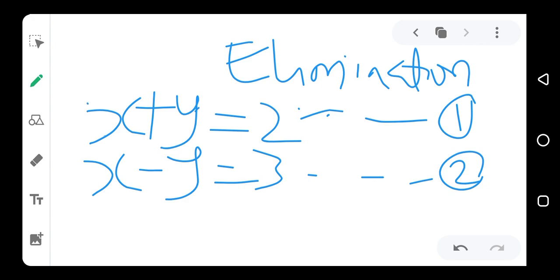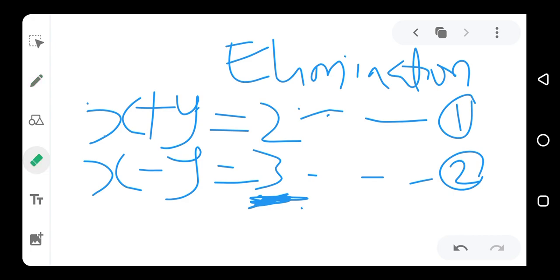Let's say we minus equation 1 from equation 2. Looking at this, 3 is greater than 2, so let's minus 1 from 2.